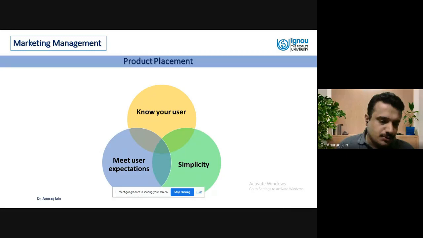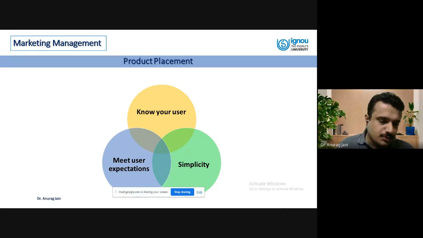And on the contrary, if your product is not at all meeting the customer expectation, whatever promises which you have made, the product is completely opposite to that, or maybe not at all those criteria have been met, or maybe the past experience was good but this time the experience is bad, then also there will be a gap which is going to come, and this will become a major reason for customer dissatisfaction.